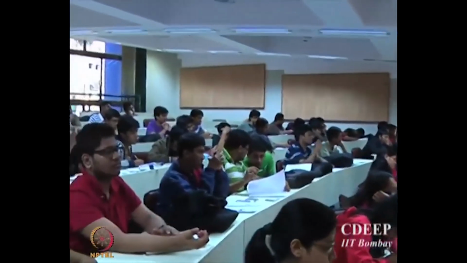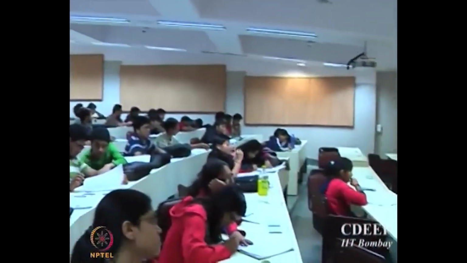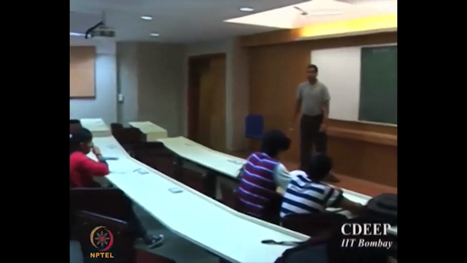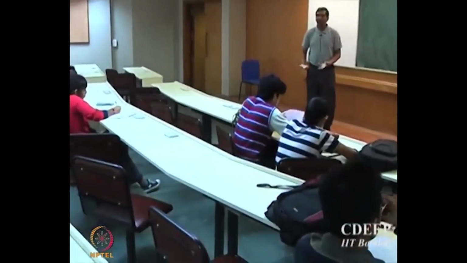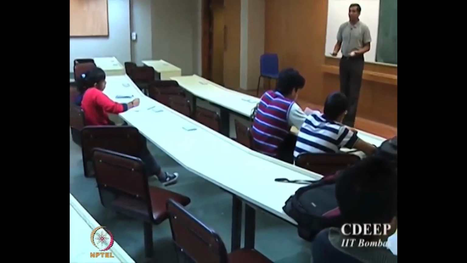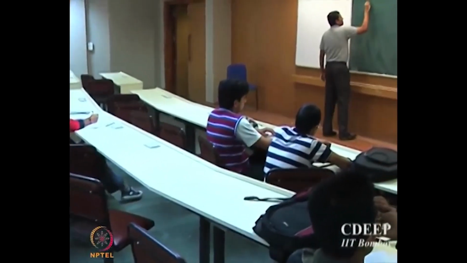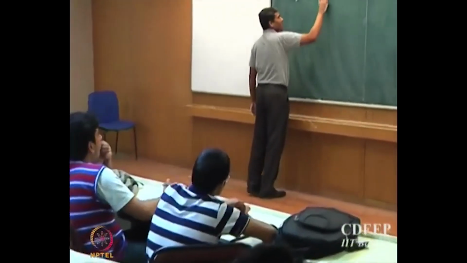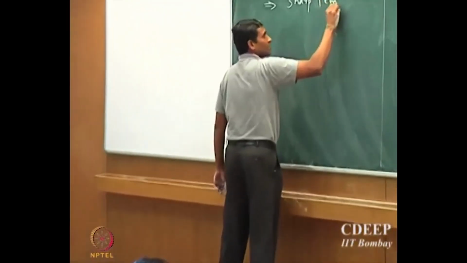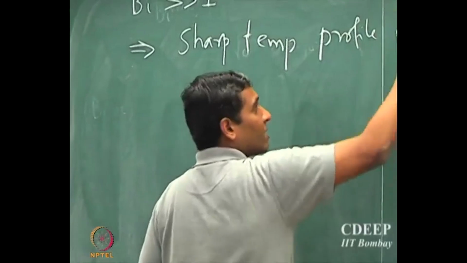Okay, so let's try to sketch the temperature profile. Supposing the Biot number is much larger than 1, which means that the resistance for conduction is going to be much larger than the resistance for convection. This means that there will be a sharp temperature profile in the solid.